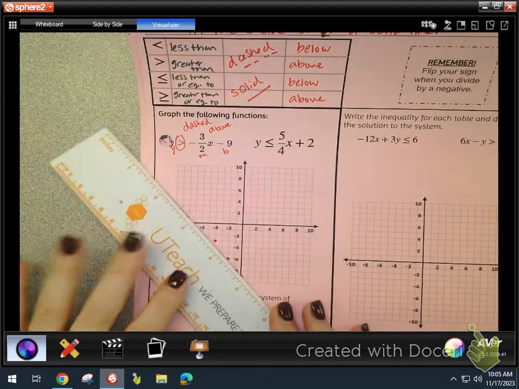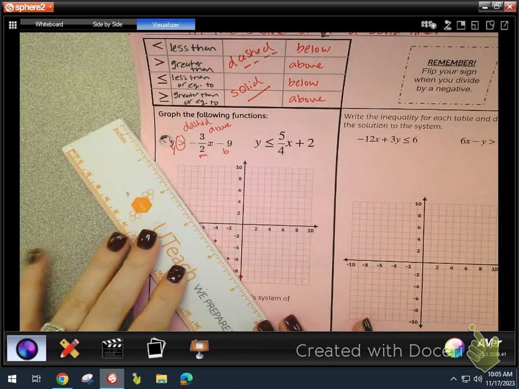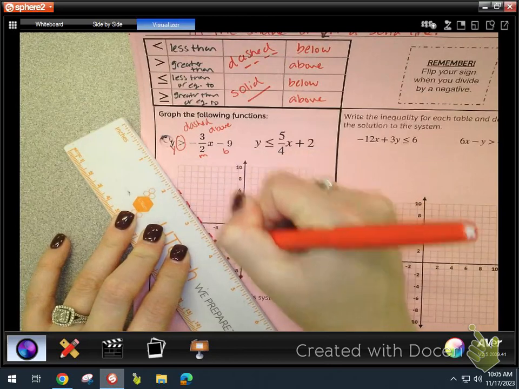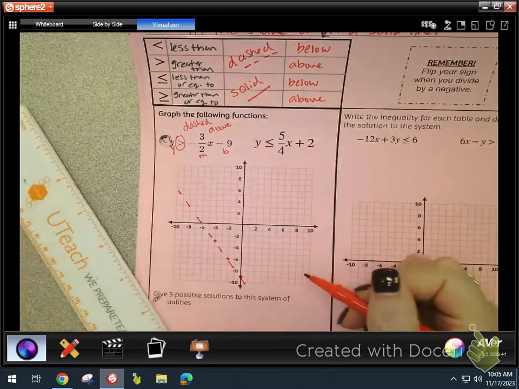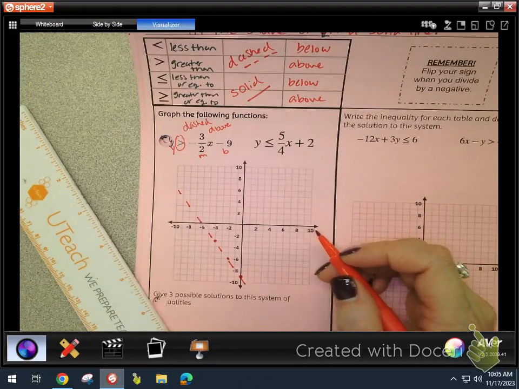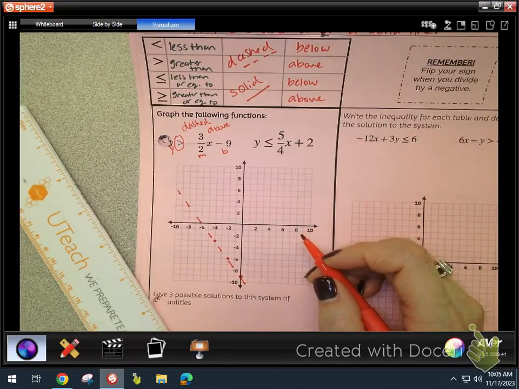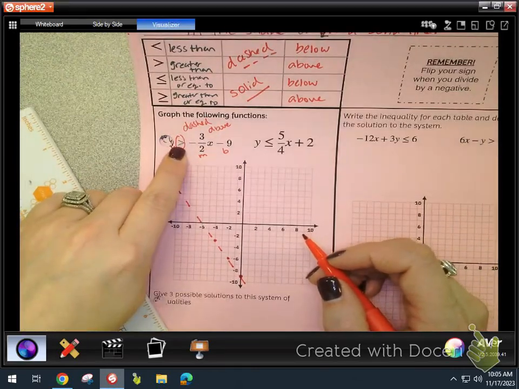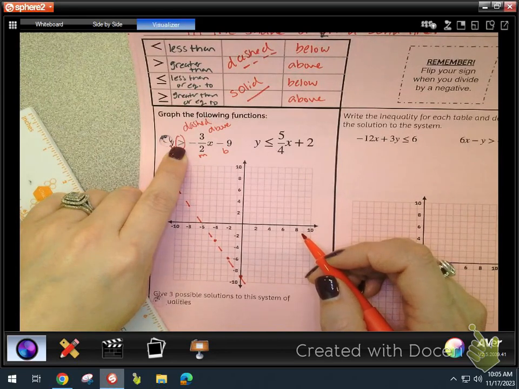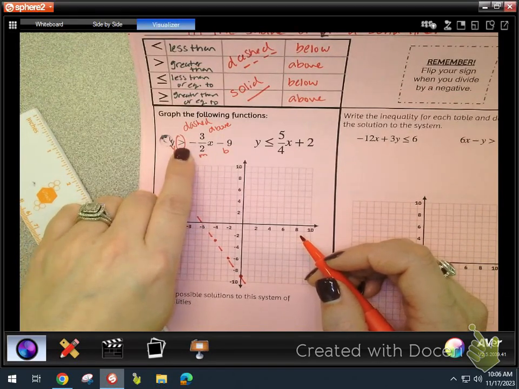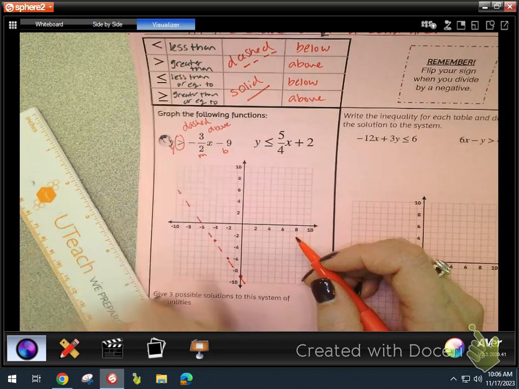The negative or positive does have to do with rise over run, but the greater than or less than does not have anything to do with it.